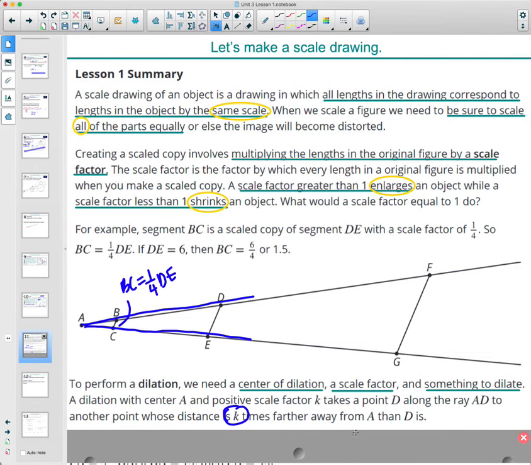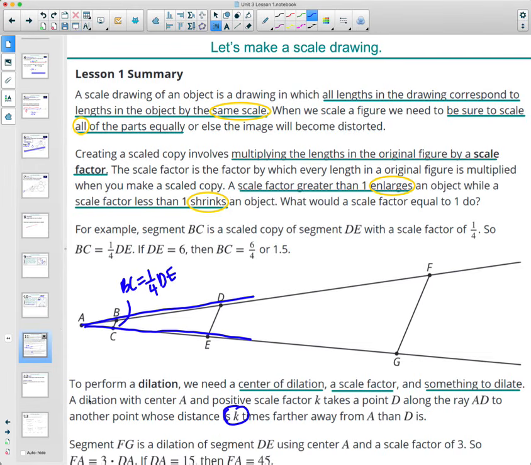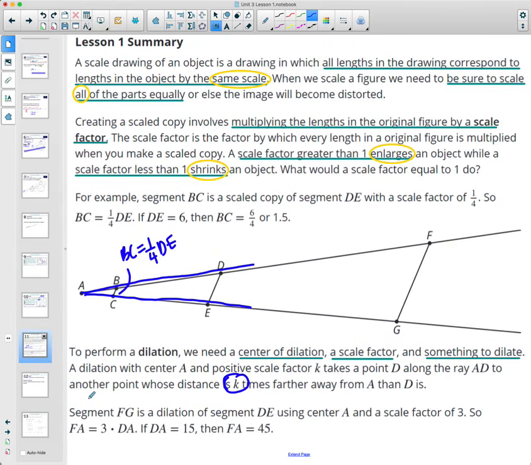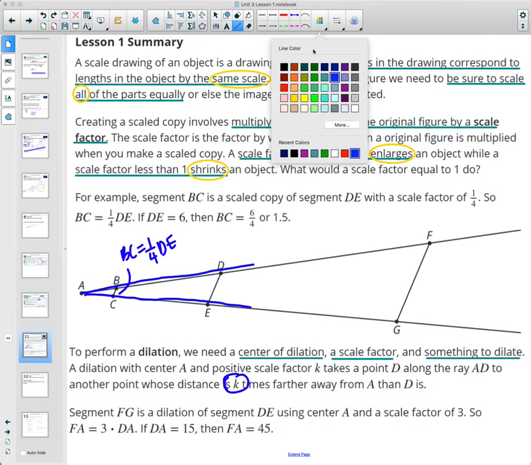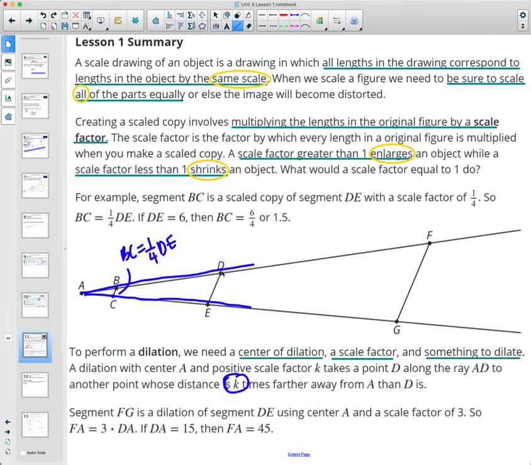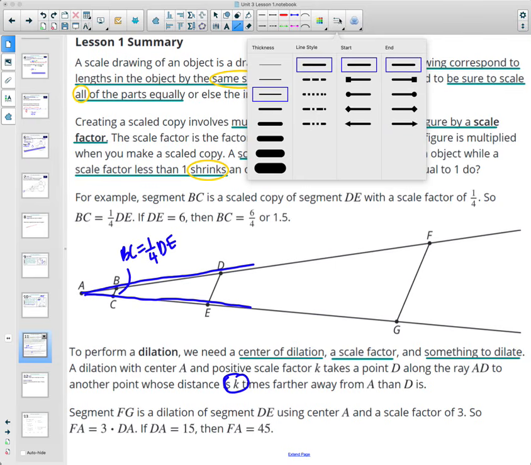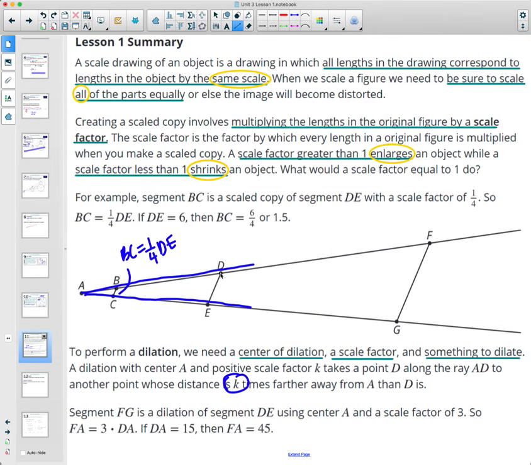One more little example would be if the scale factor was greater than 1. This one was less than 1. If it's greater than 1, then it's getting larger. So you've got DE, and then the scale factor of 3. That's going to make D 3 times further from A. So we'll take this distance and triple it.